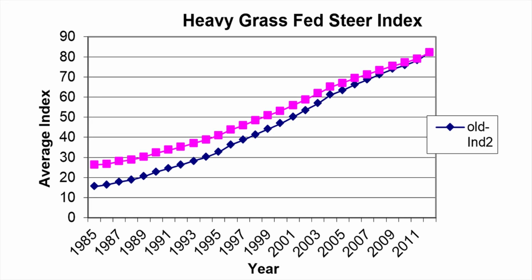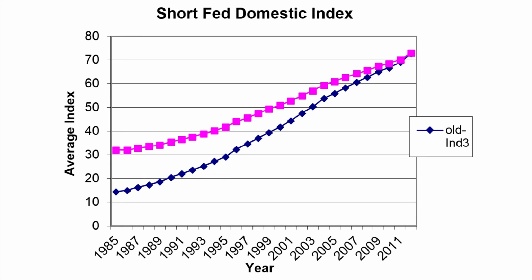Similarly for heavy grass-fed, we're seeing that back in time the cattle weren't quite as bad as we thought they were, if you follow what I mean. We think now that they were better than we did before, and that's certainly the case with the short-fed domestic index.